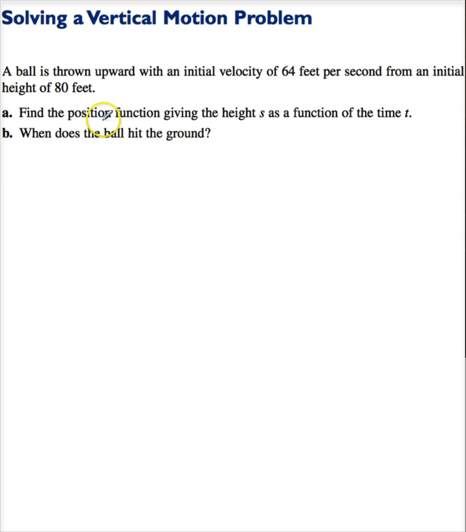The first thing you need to identify, s is the position of my ball. And I'm given that s of 0, so when t equals 0, it starts out at 80 feet.